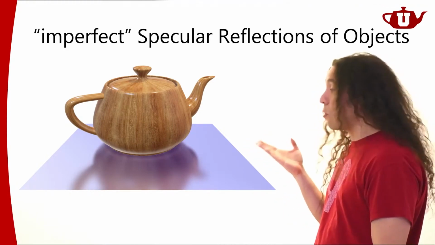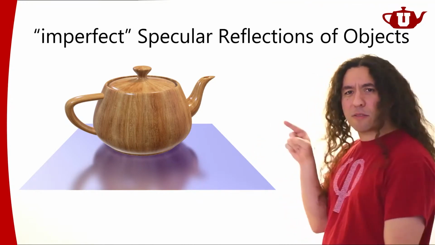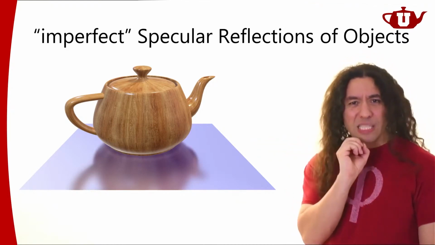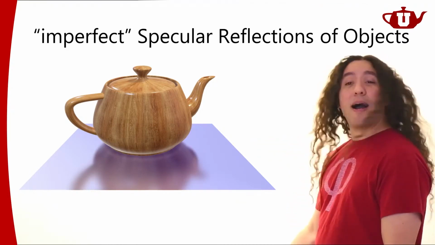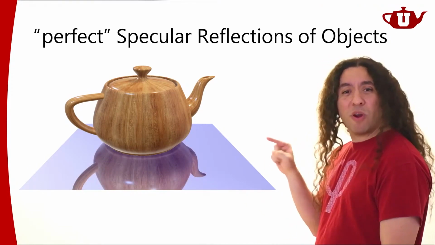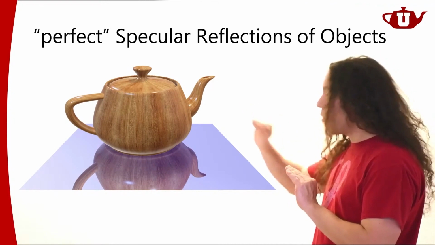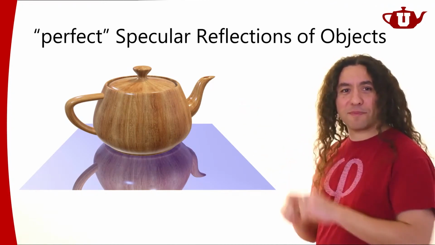That's what happens for a lot of real materials. But that's not what we're talking about, because computing this is a bit more difficult. We're talking about a very special case. In that special case, I am going to be interested in these perfect specular reflections, meaning this is going to be a perfectly smooth surface. All right? That's what I'm interested in.